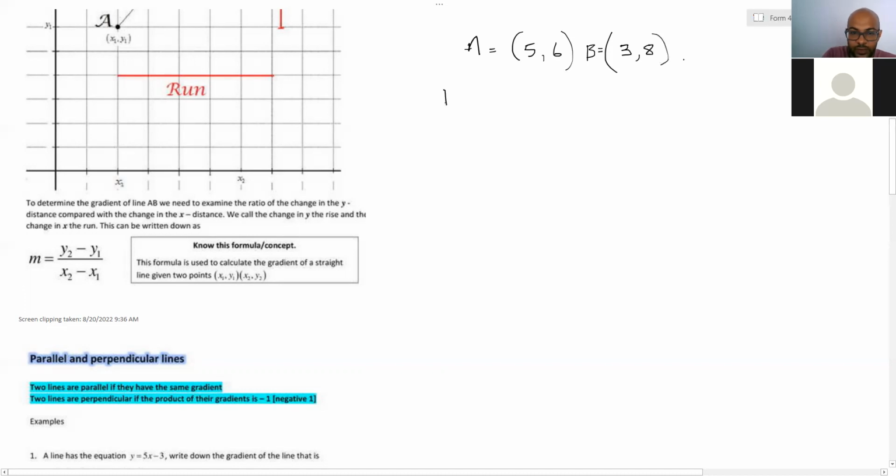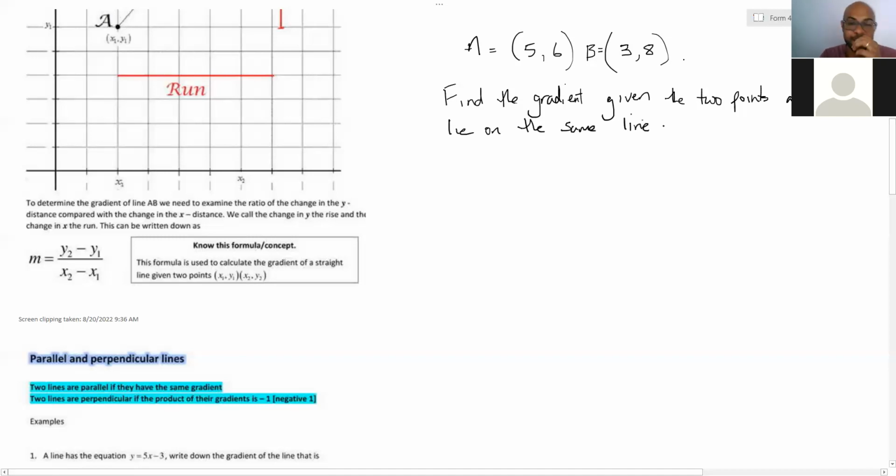So if you want to find the gradient, given the 2 points above lie on the same line. We need 2 points that are on the same line. It's important to have 2 points that are on the same line. That's how we're going to be able to determine the gradient.